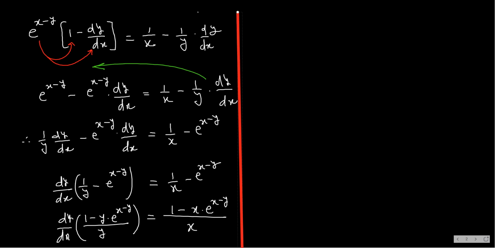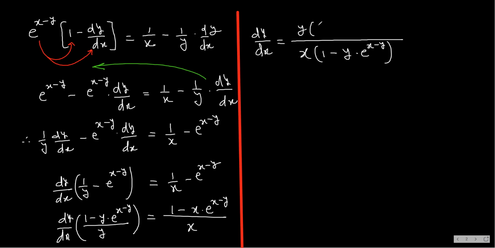Therefore dy by dx is equal to x into 1 minus y into e raised to x minus y, over y into 1 minus x into e raised to x minus y. This is the final answer that we have.